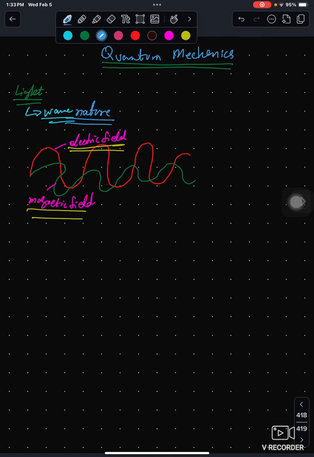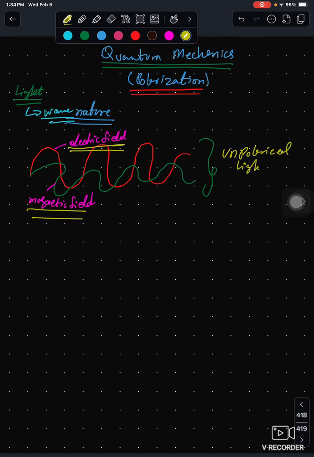So our topic here is polarization. By the way, this full wave over here is known as unpolarized light, because if I draw it this way, it would be incomplete.